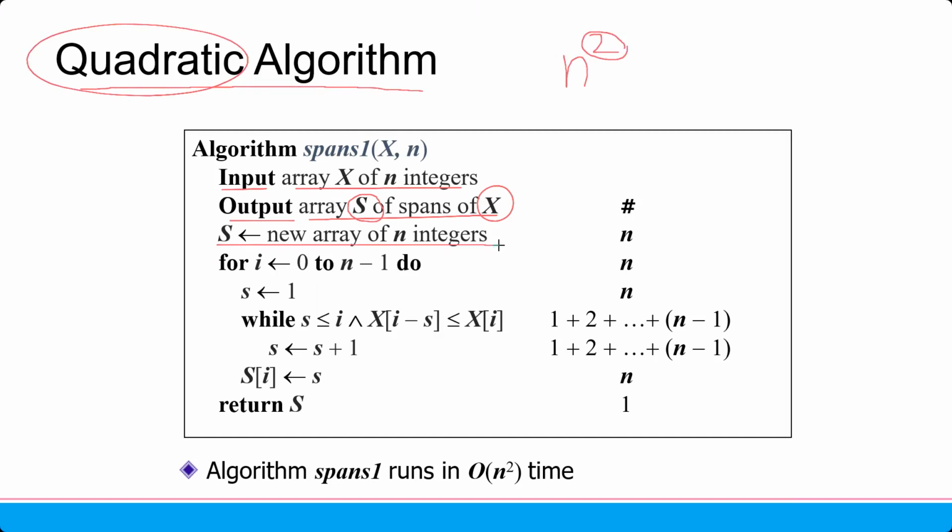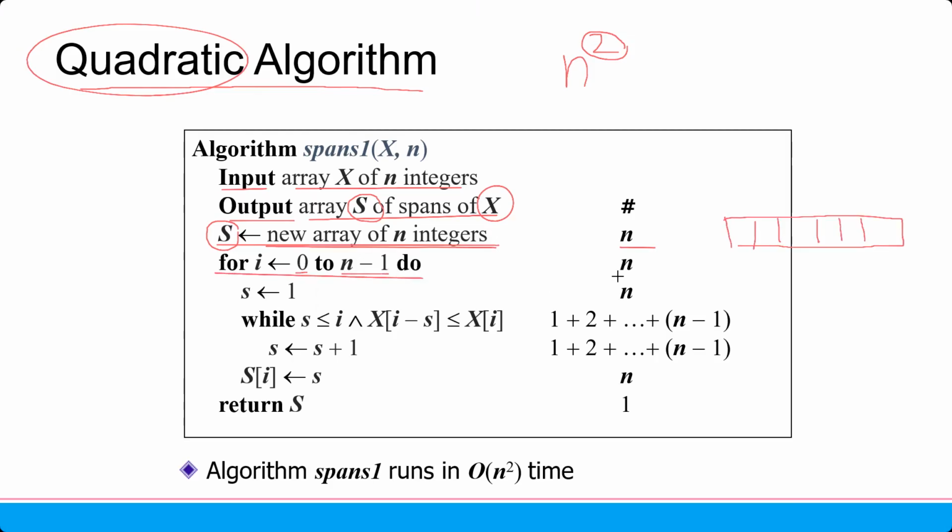At the first step, we want to assign S. So S will be a new array of n integers. If we have an array like this with n numbers, then it means we will do n times. And then we will do this for loop from 0 until n minus 1.